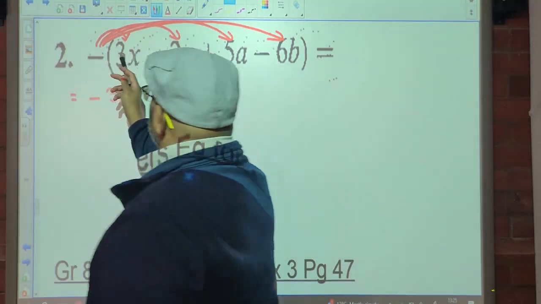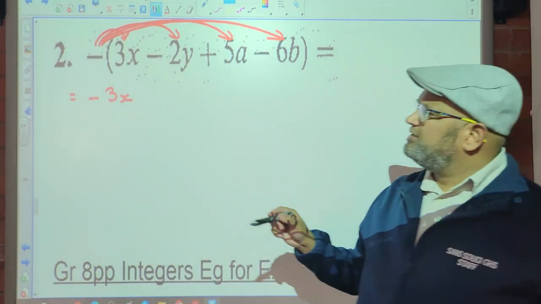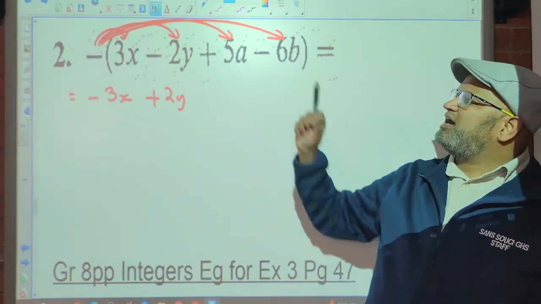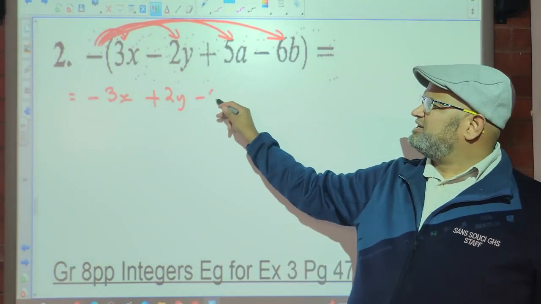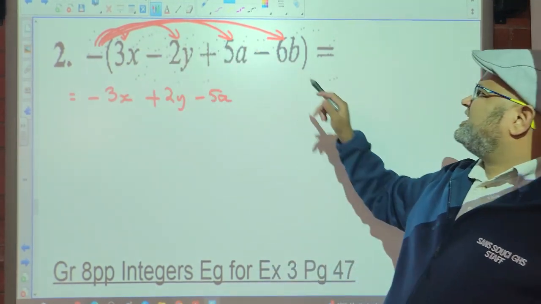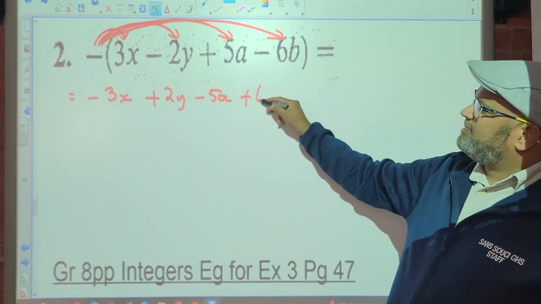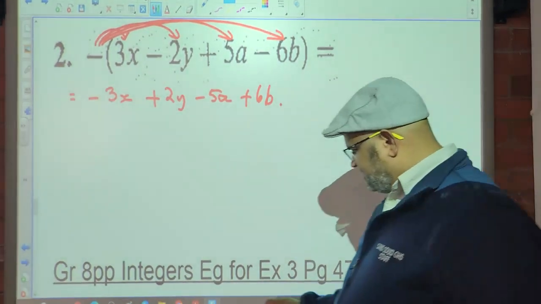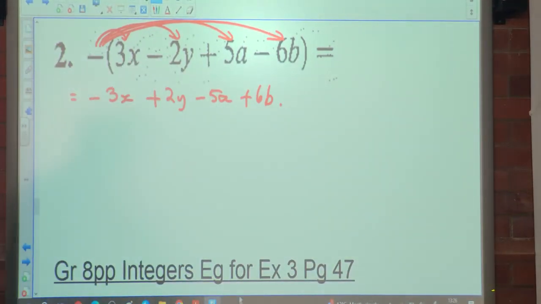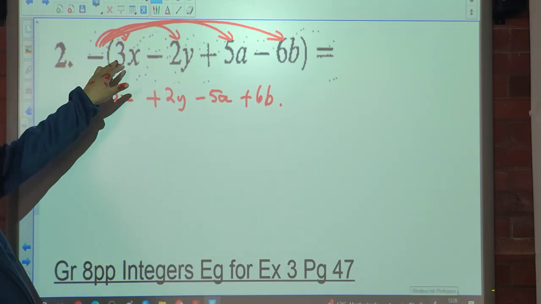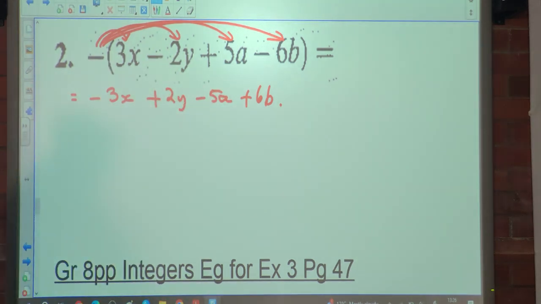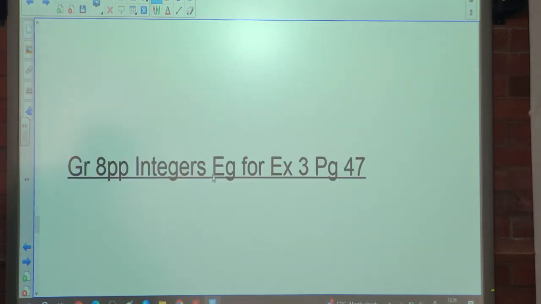So what's now negative 1 times negative 2y? Positive 2y. What's negative 1 times positive 5a? Negative 5a. What's negative 1 times negative 6b? Positive 6b. Are they like or unlike terms? Unlike terms. That's where we leave it. Any confusion? Or I could have just said negative times positive is negative, negative times negative is positive, and so on. The sign will just change to its opposite.